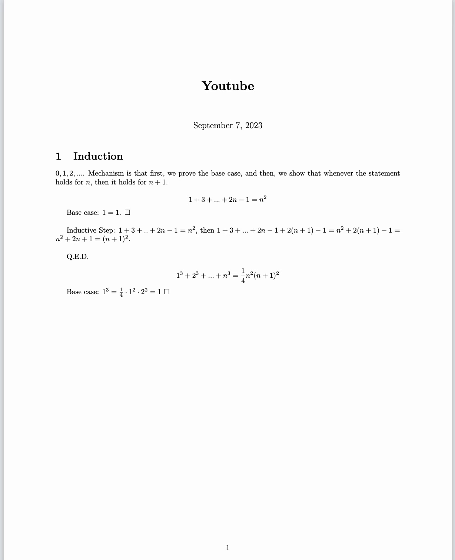Now what about the inductive step? Well, the inductive step basically becomes this: we know that 1 cube plus 2 cube plus dot dot dot plus n cube, the sum of the first n cubes, is equal to the square of the sum of the first n terms, right?